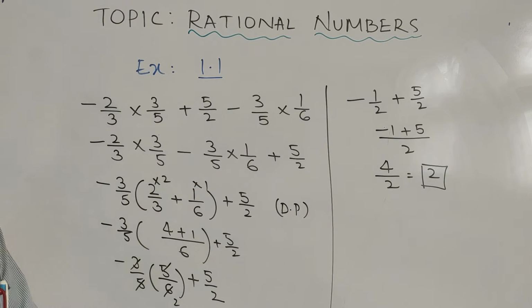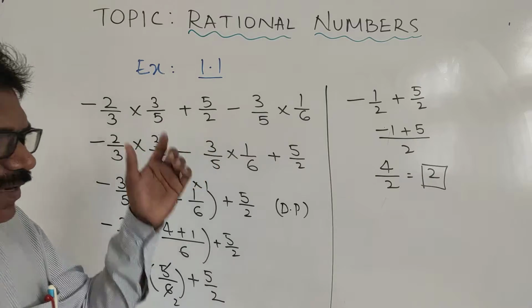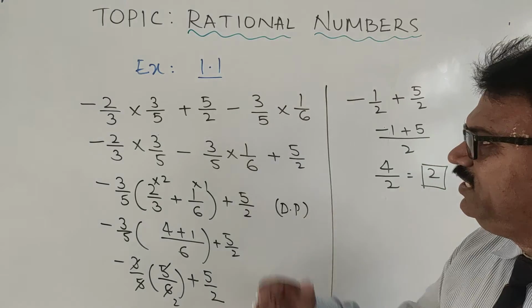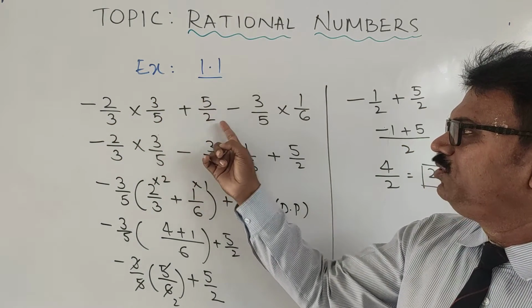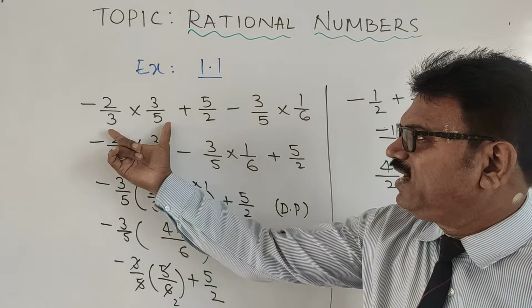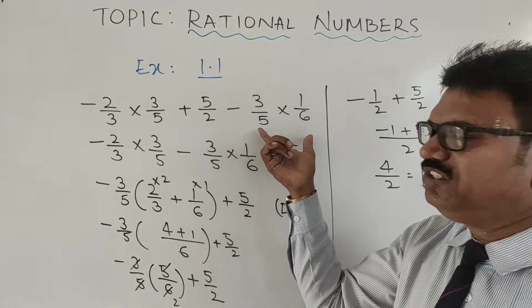See one more time please. Using the appropriate property, please solve minus 2 by 3 into 3 by 5 plus 5 by 2 minus 3 by 5 into 1 by 6. If you see here, this is one term, the second term, and this is the third term.